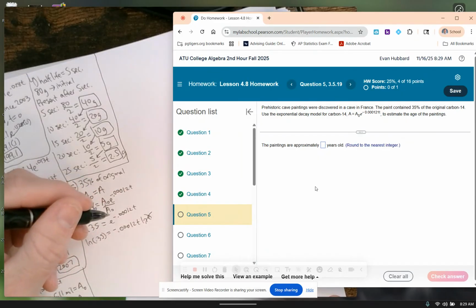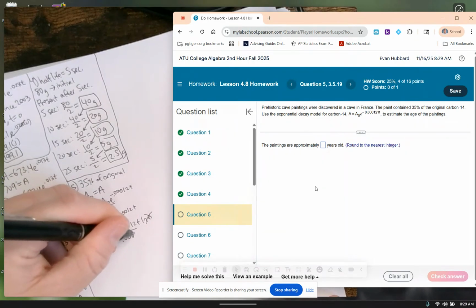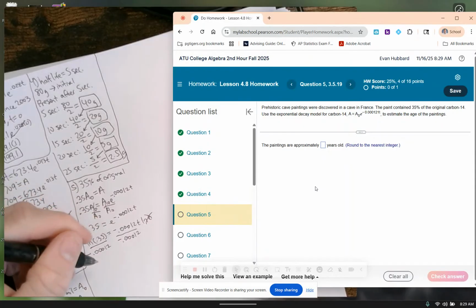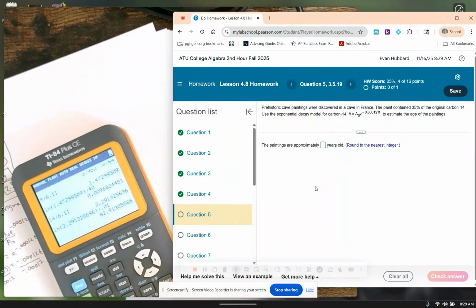I'm making sure I have enough zeros here. So t is equal to ln of 0.35 divided by negative 0.00012.